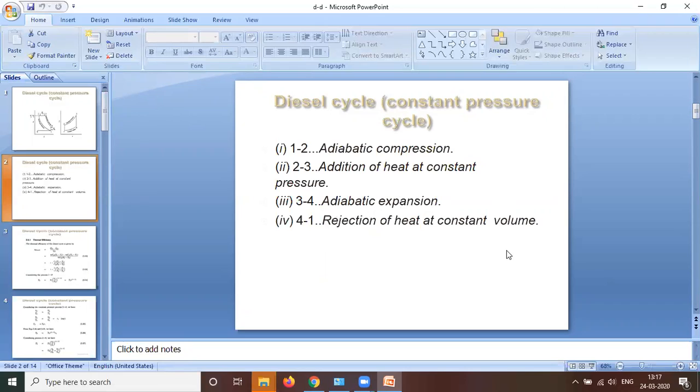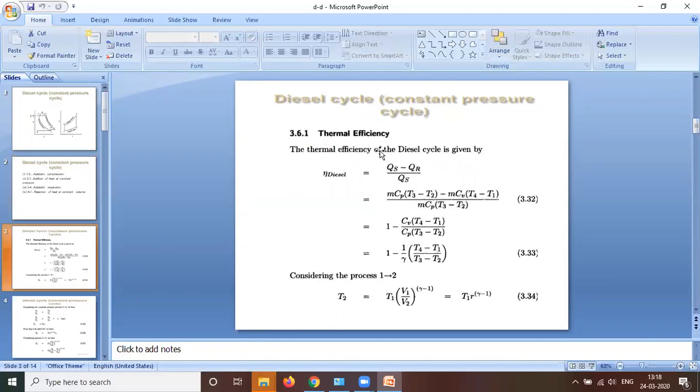Now, the question is how do we find the thermal efficiency of the heat engine? We move to the next slide. What is the thermal efficiency of the diesel cycle? The thermal efficiency of the diesel cycle is given by heat addition minus heat rejection divided by the heat addition.